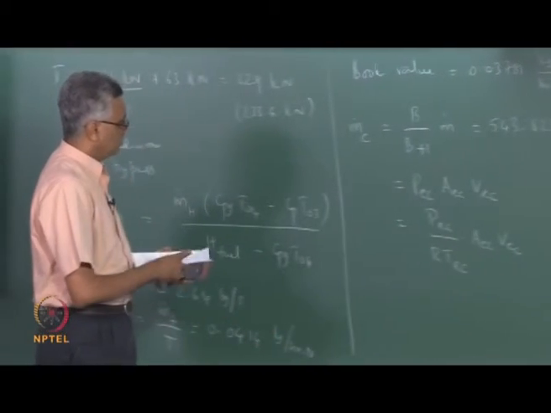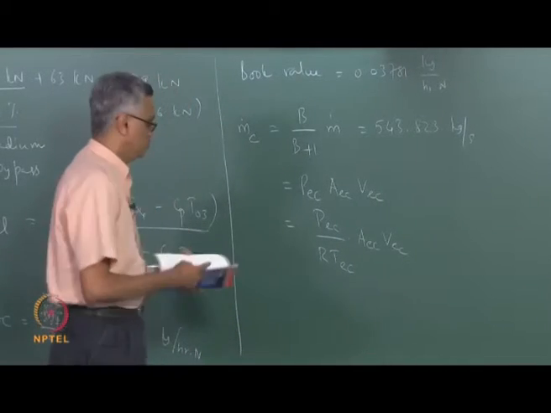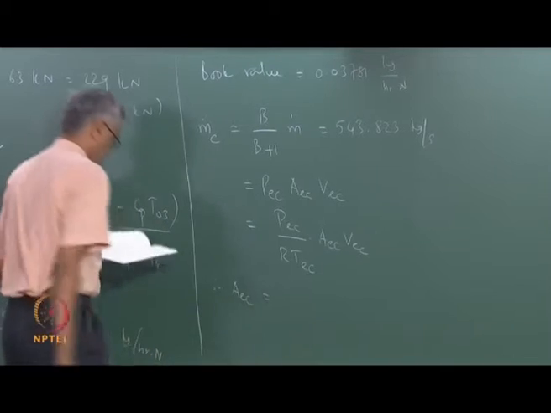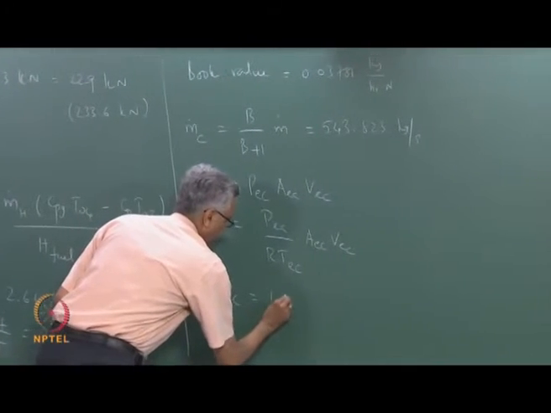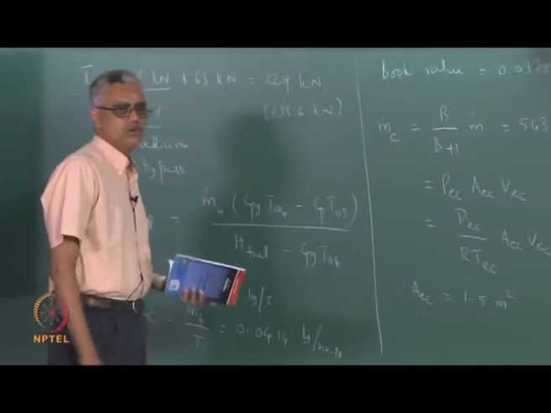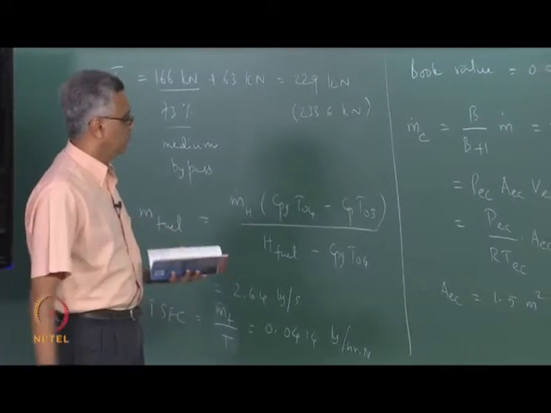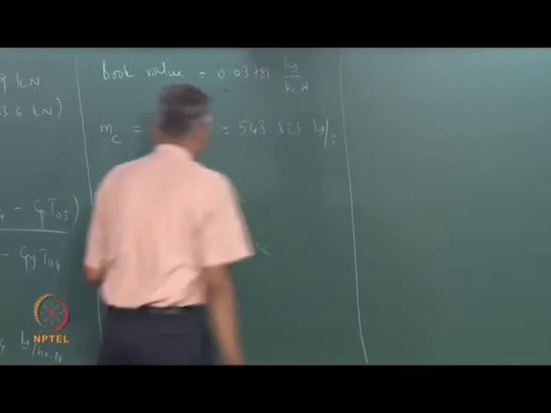I know all the quantities in this expression except AEC, and if you substitute the numbers, you get the cold nozzle area to be 1.5 meter square. Remember, the cold nozzle is an annular nozzle, so this is the area of the annular nozzle.